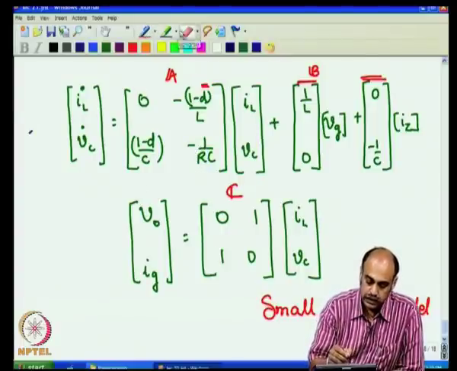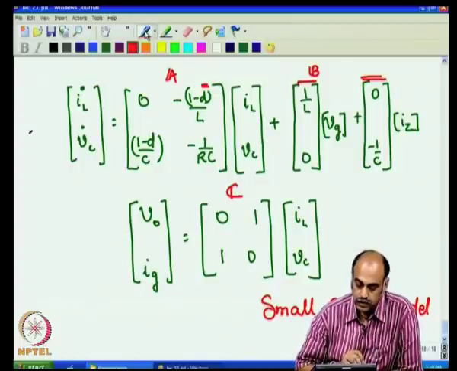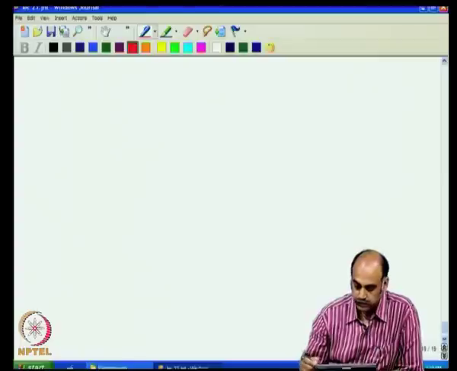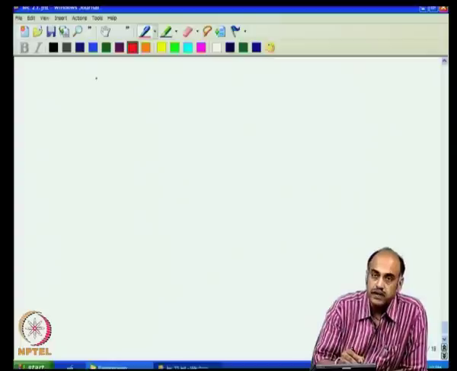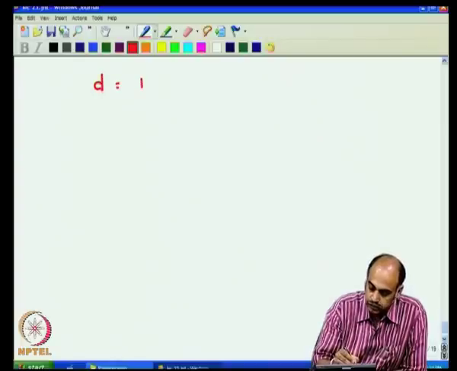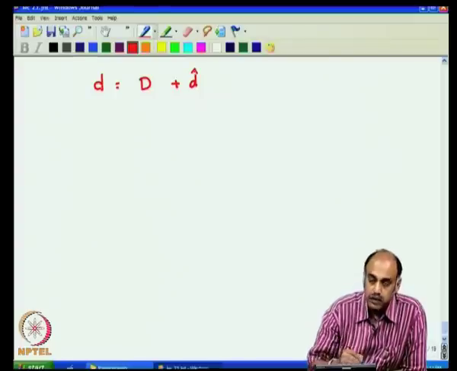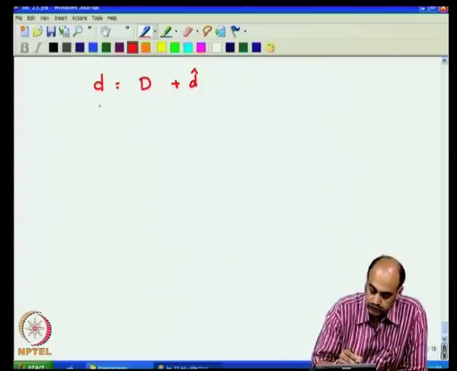So, the small signal model is obtained by substituting in the average large signal model for every variable a steady state part and a small signal variation about the steady state or equilibrium point.